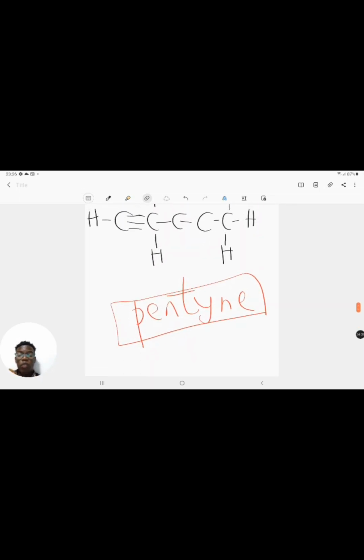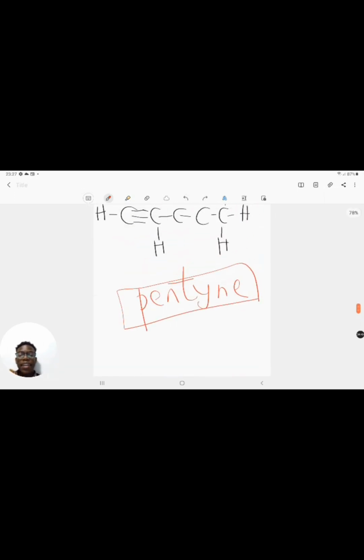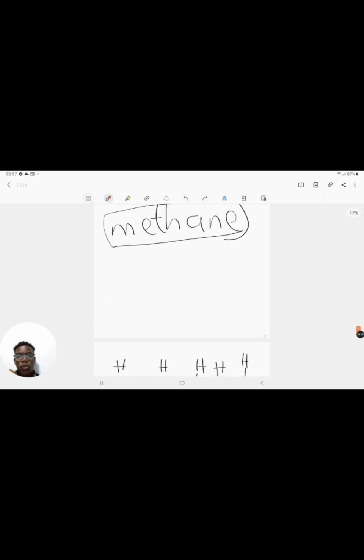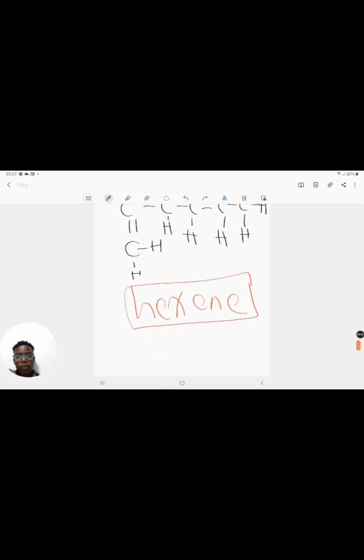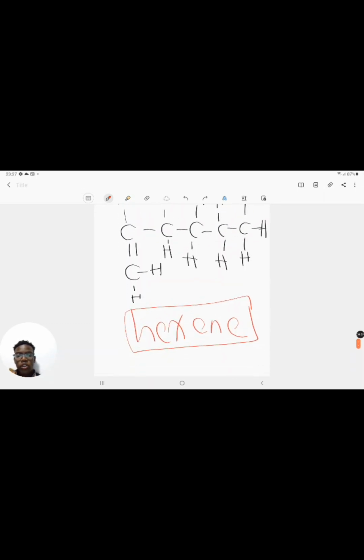It doesn't change, but we must add something to this name in order to establish where exactly the triple bond is. In order to establish where this is exactly, we have got to add something to this name and this surname. This is hexene.